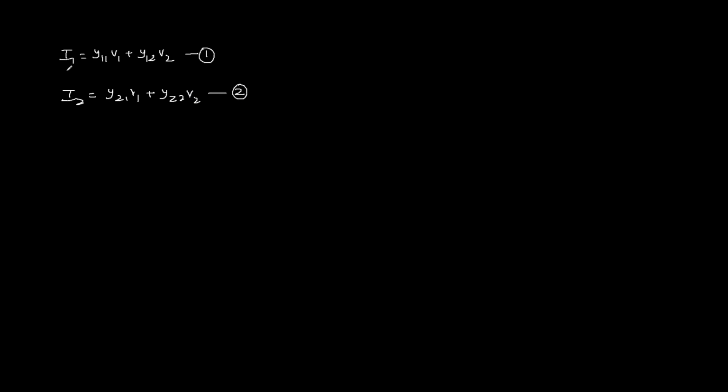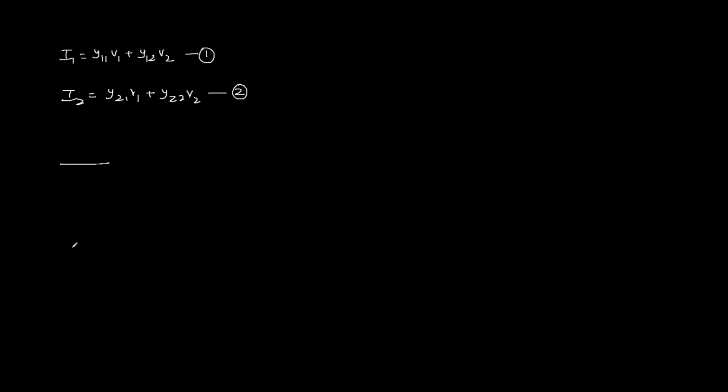In this first equation, on the left hand side we have current, so the two terms on the right hand side are also currents. And the sum of currents is possible when the two components are connected in parallel.